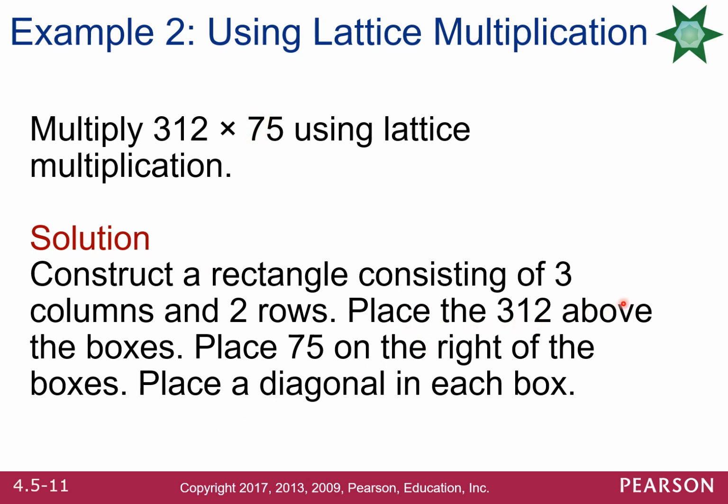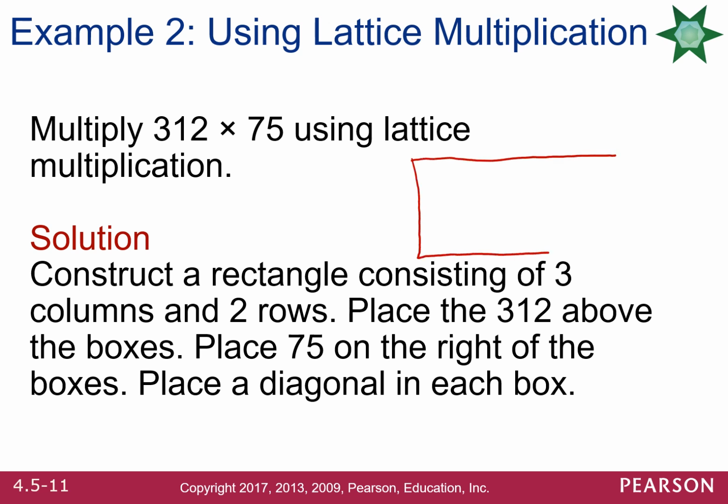Place the 3, 1, 2 above the boxes, that means the columns of the matrix. Place 75 on the right of the boxes, which will represent the rows. And that's exactly what we had done when we worked through this problem using the lattice method previously. Place a diagonal in each box or each cell to partition it into 2 equal parts.